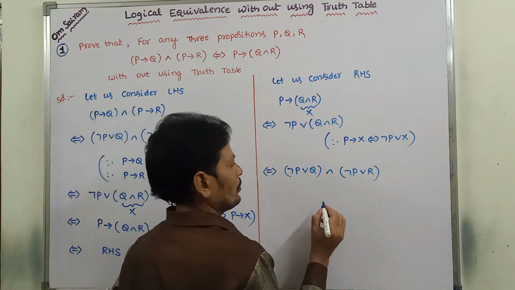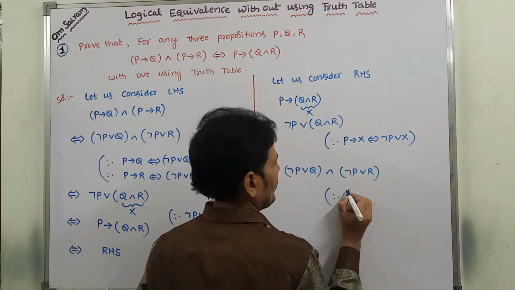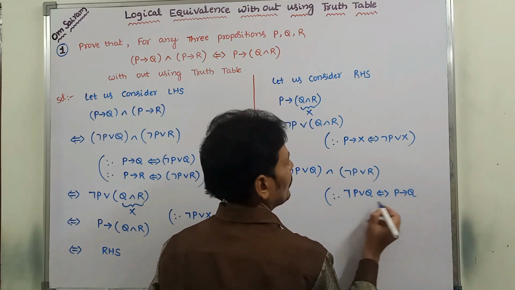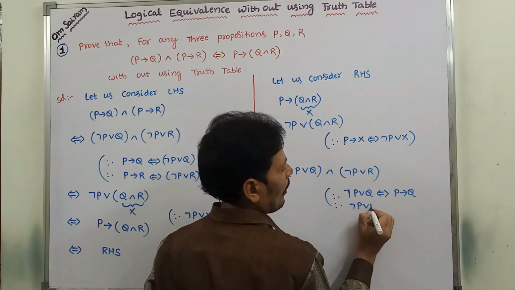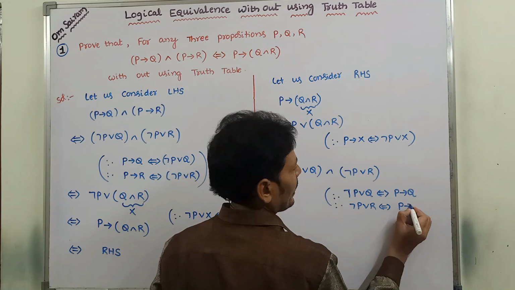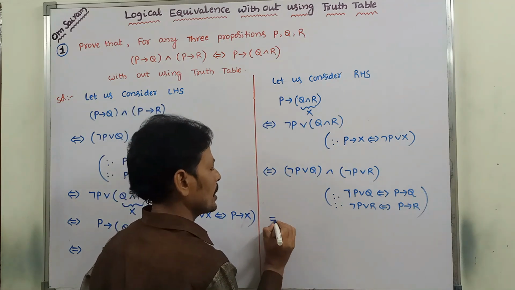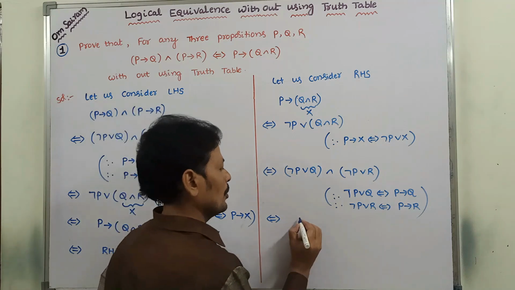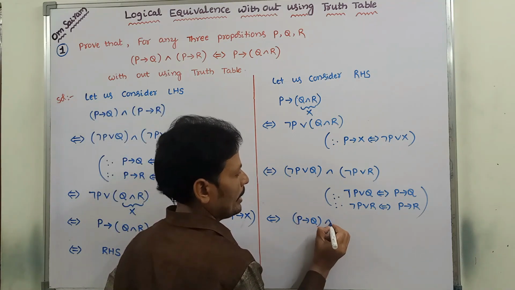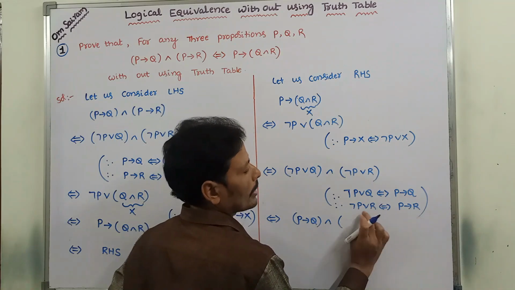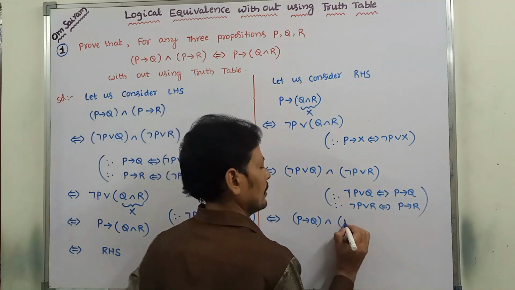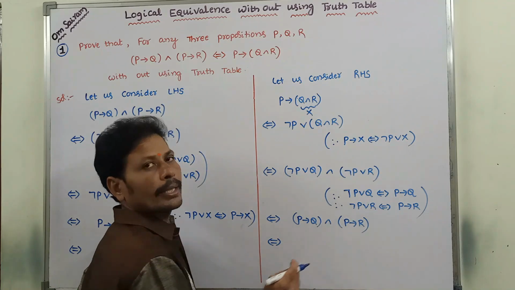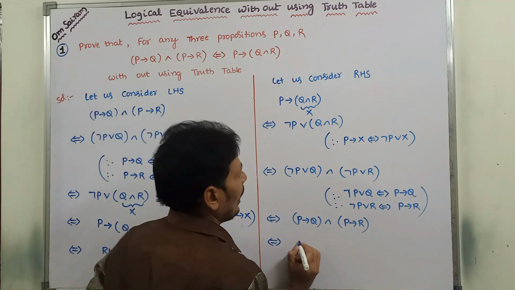Next, we already know that ¬P ∨ Q is logically equivalent to P → Q. Next, ¬P ∨ R is logically equivalent to P → R. Now we have to substitute P → Q in the place of ¬P ∨ Q, and P → R in the place of ¬P ∨ R. So we get (P → Q) ∧ (P → R), which is the LHS part. I am taking the RHS part, and we are getting the LHS part.